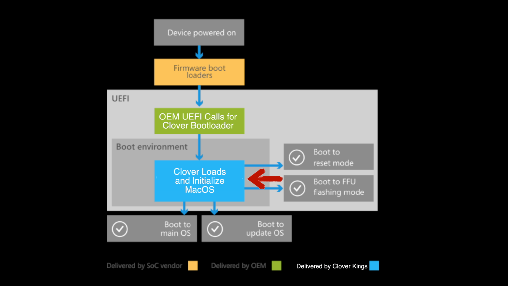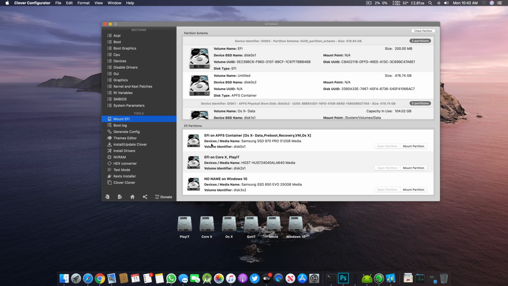A normal UEFI motherboard cannot call macOS to boot directly because macOS has its specific, locked-up boot system which only Clover can boot and no other motherboard can directly boot. So we are going to boot the Clover bootloader from our UEFI motherboard.